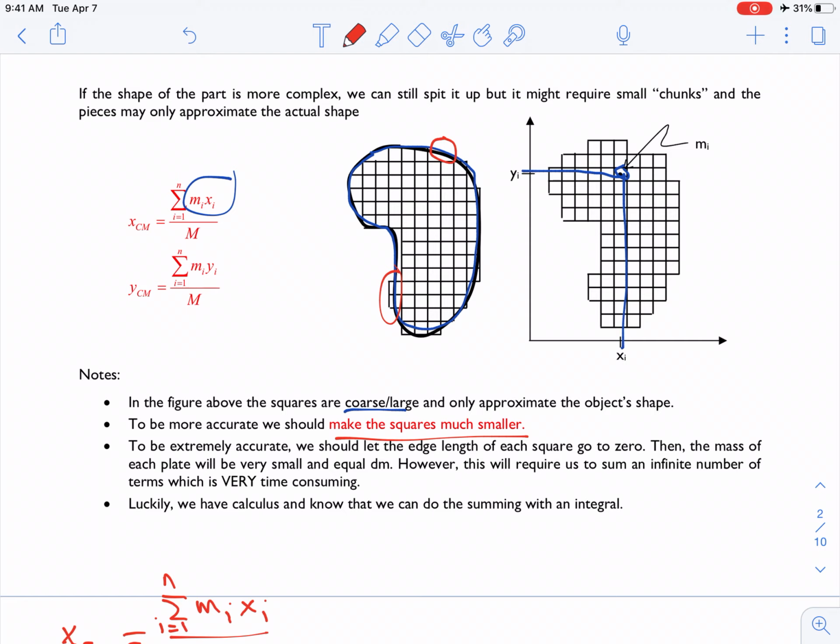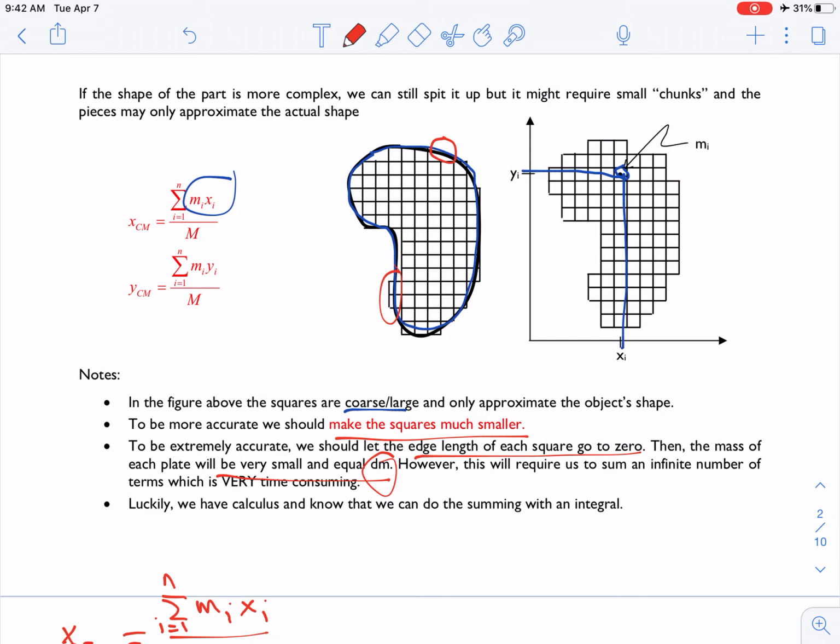First thing we do is let the edge length of each square go to 0, so it's infinitesimally small, so that we can accurately measure this. That would mean the mass of each piece will also be very small and equal to a differential, dm. The d means, again, infinitesimally small mass.